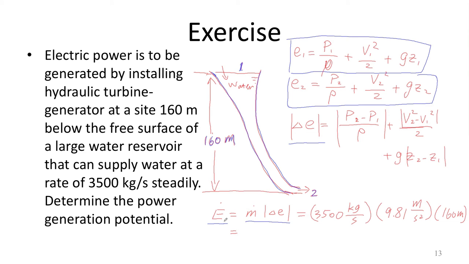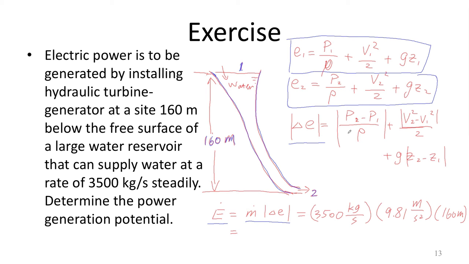Okay, so it's easy to see delta E. I'm using the absolute value of delta E just to make things simpler. And you should know that the mechanical energy of water actually decreases from point 1 to point 2 due to the elevation difference.